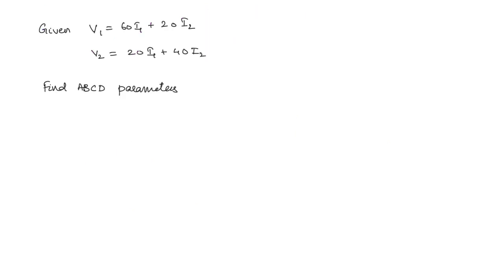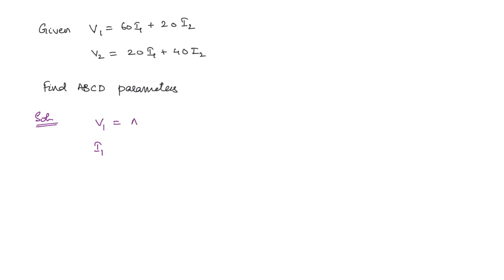The next question, given V1 is equal to 60 I1 plus 20 I2, V2 is 20 I1 plus 40 I2. Find the ABCD parameters. So here also the Z parameters are given and we have to find out the ABCD parameters, right? So first you write down the ABCD parameter equations. What will be the dependent variables? V1 and I1.